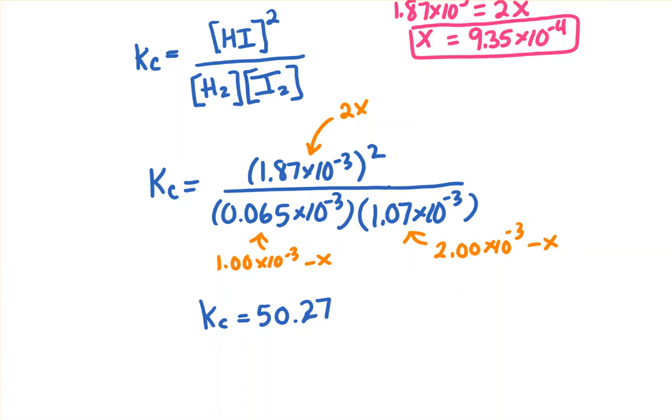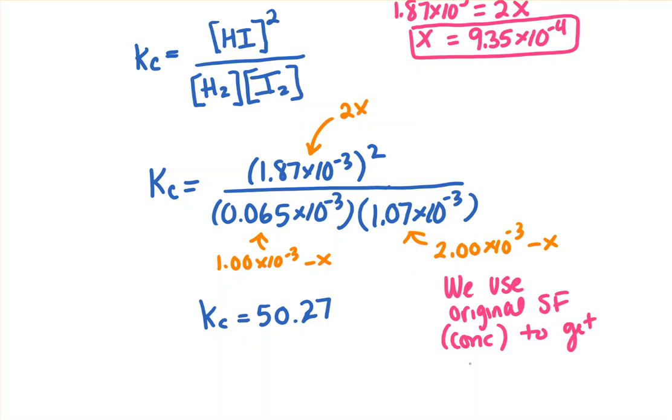So Kc doesn't have a unit, but when we think about sig figs, look at the sig figs that were given. When we say that, we're talking about the number of sig figs. And originally we had 3 sig figs in our concentrations, so we'll go to 3 here.